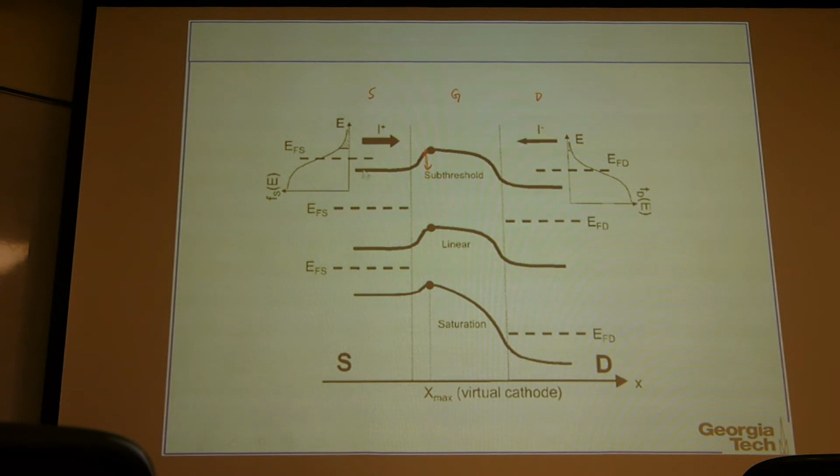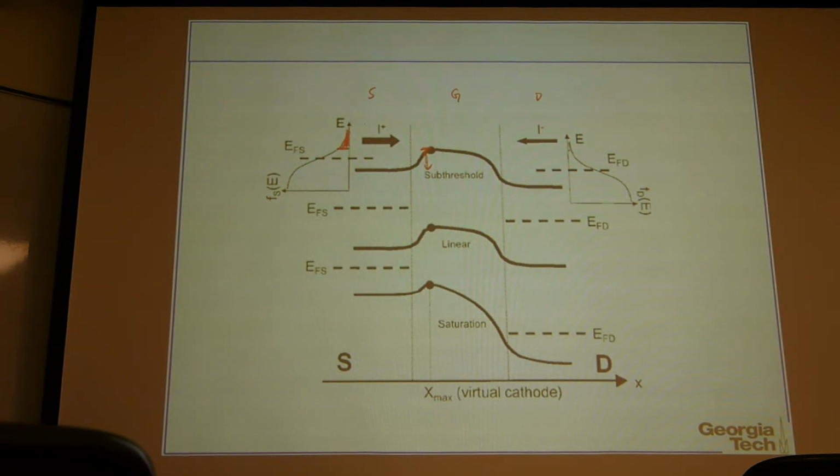So here what matters is the electrons that are over this barrier. If you look at the Fermi function, as I said, the electron population decays exponentially with larger energy.